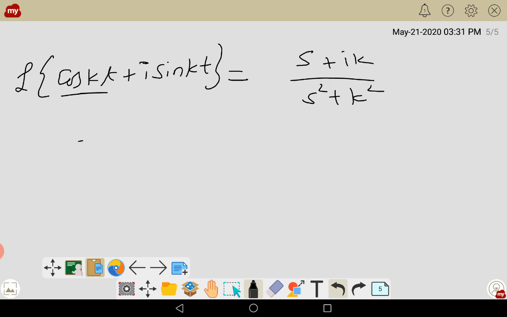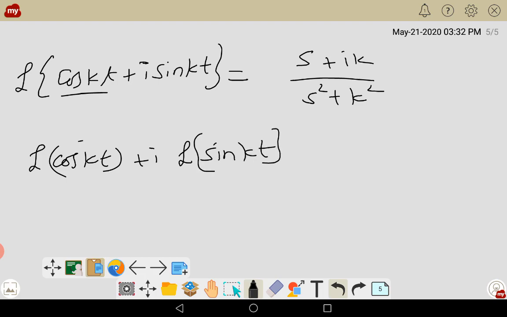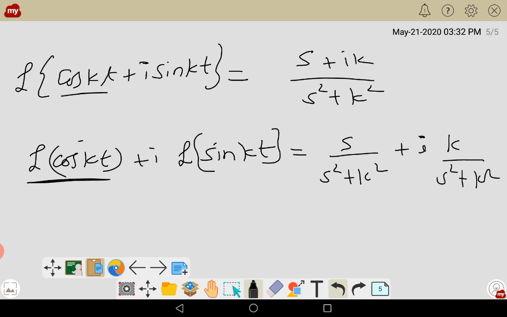So now let's separate, using the linear property. Laplace of cosine kt plus i times Laplace of sine kt is equal to s over s square plus k square plus i times k over s square plus k square. So this is the real part and this is the imaginary part on the left side, and the same on the right side.